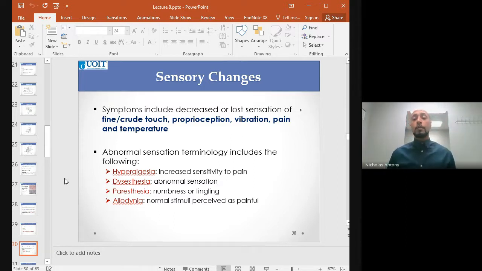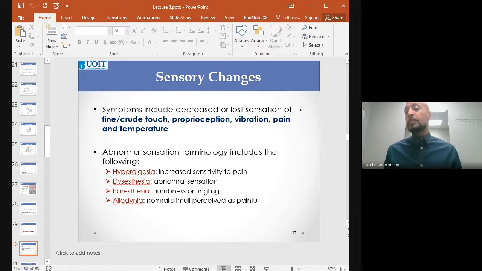So let's first talk about the sensory changes that are associated with a peripheral nerve lesion. So it's going to affect all of our potential sensory senses. So that would include what? Fine touch, proprioception, vibration, pain, temperature, and crude touch. Clinically, there's different terms associated with different types of symptomology.